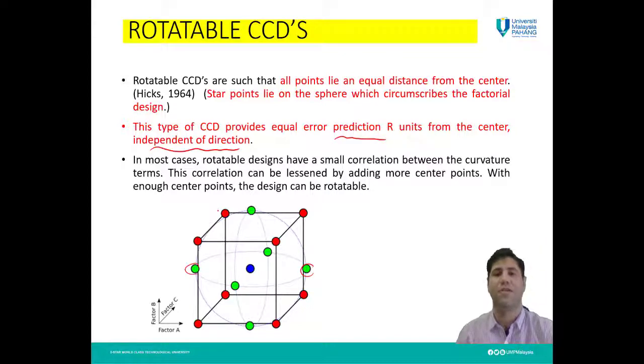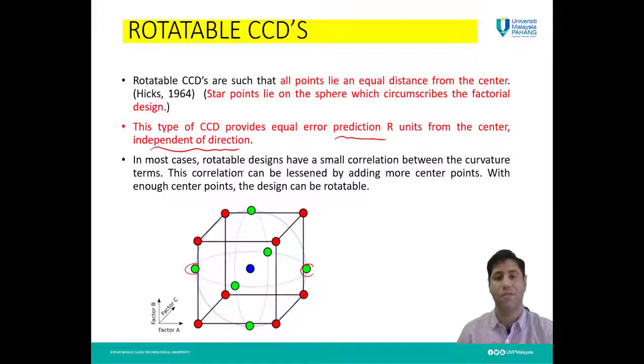So if we use a rotatable design of experiment, it helps us have a small correlation between the curvature terms. Then it will help us have a better model to describe the experiment.